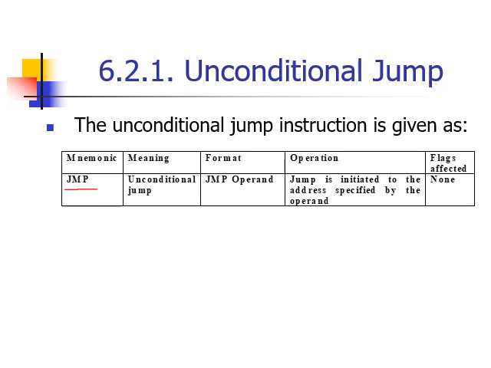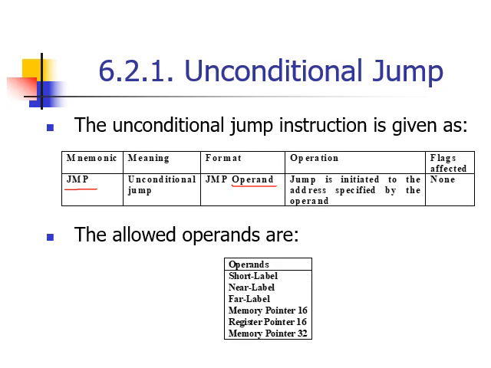You jump and you give the operand to tell your processor where to jump to. It needs an operand, and the allowed operands are short, near, far, or a 16-bit memory pointer, 16-bit register pointer, or 32-bit memory pointer.